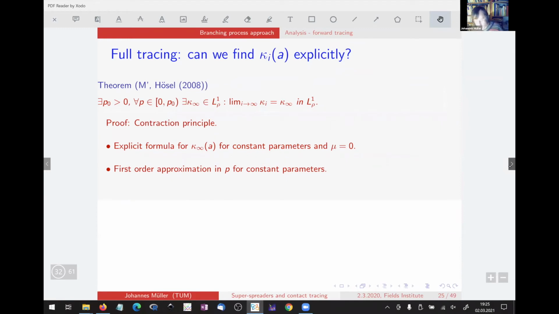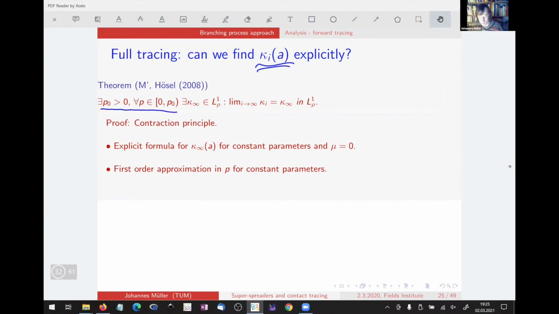The first question, of course, we have is what can we say about kappa I of A, about this function? Numerically, we see that this kappa I will converge rapidly. After 3 or 4 generations, it is practically converged. Volker and I tried to prove that, and we used the contraction principle, and all we could find is a proof for the case that the tracing probability is sufficiently small.